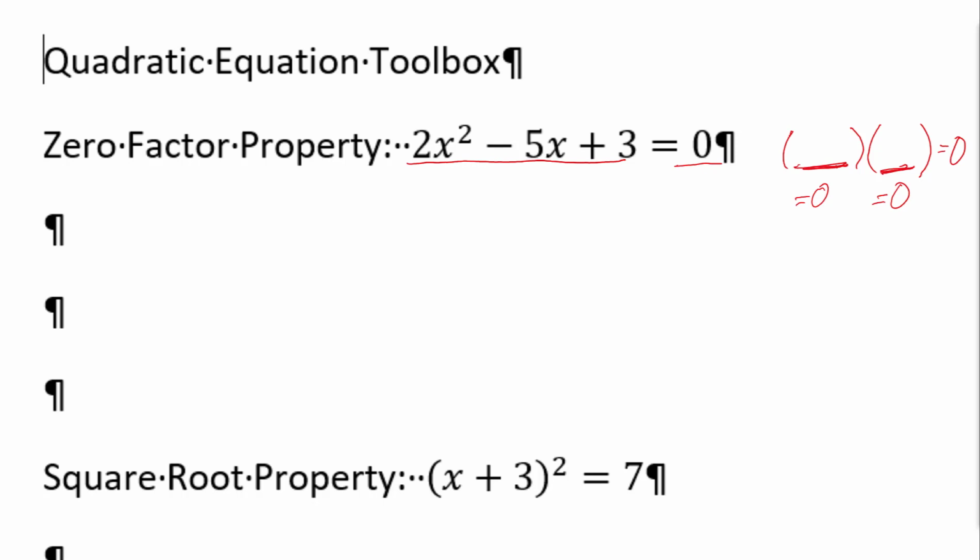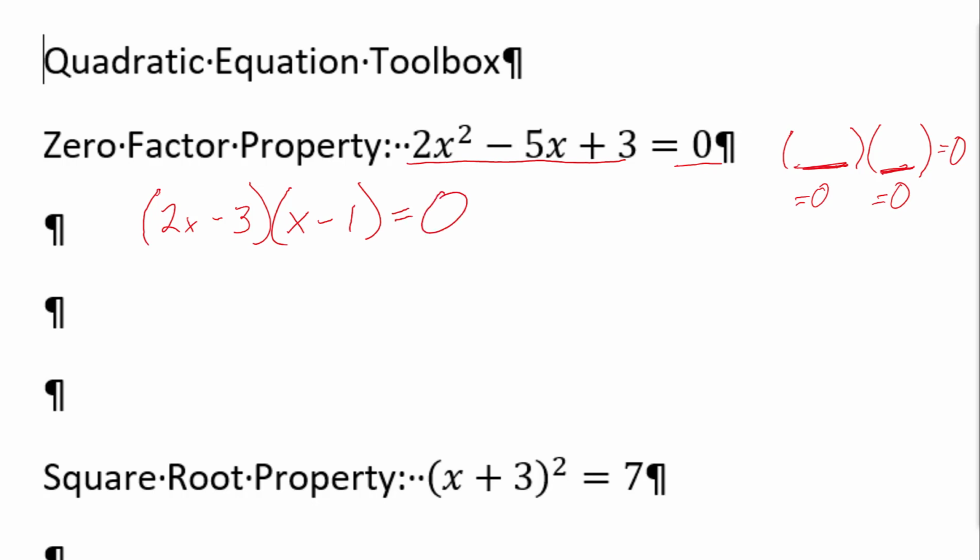In this case, I notice that my 2 and my 3, if you add those two numbers, you get -5. And so I'm going to try putting 2x minus 3 times x minus 1 equals 0.